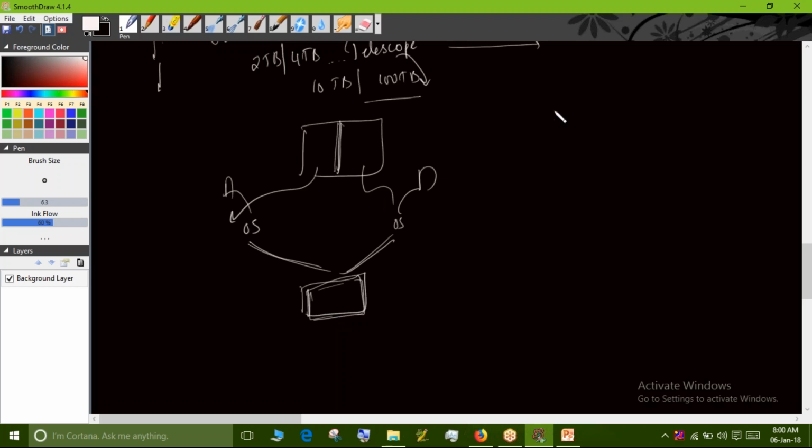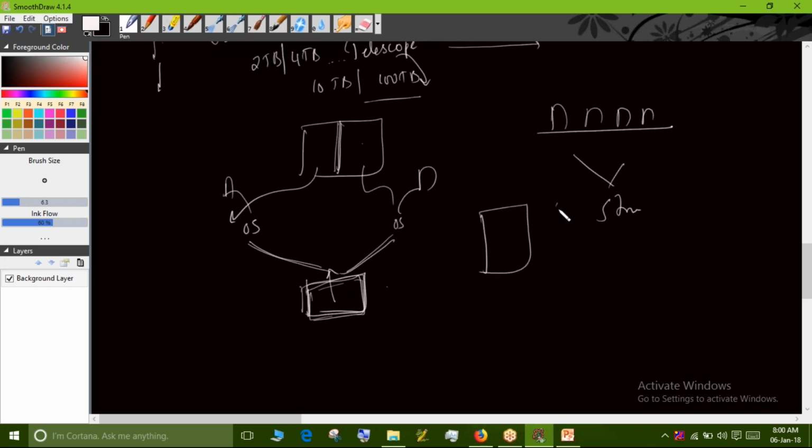Such a kind of system gives you the illusion of a single storage, but actually it is being stored on multiple boxes.